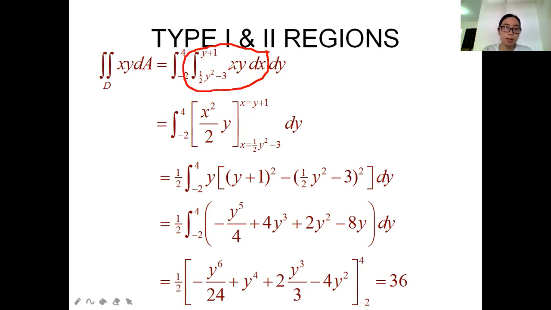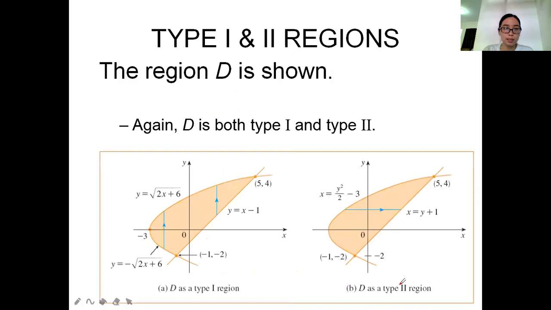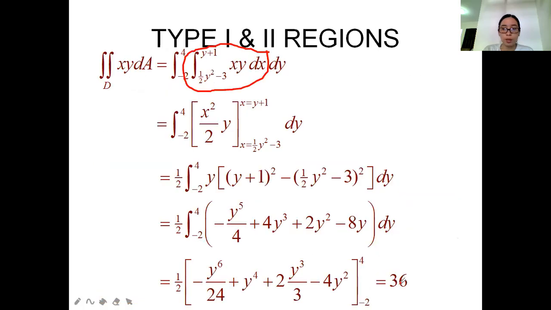Using power rules, of course y is treated as a constant since we are integrating with respect to x, since it is dx. Don't forget the dx, because it is an action word, a verb, that shows what you are integrating, okay? From the limit x is equal to 1/2 y squared minus 3 to y plus 1. Then we apply the second integral. So, the final answer is 36 square units.